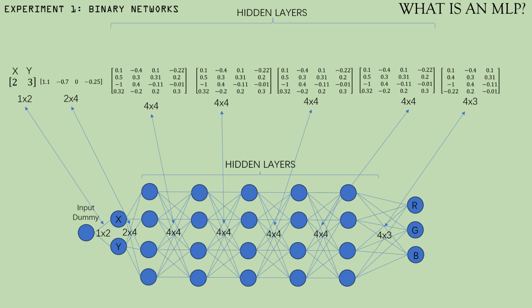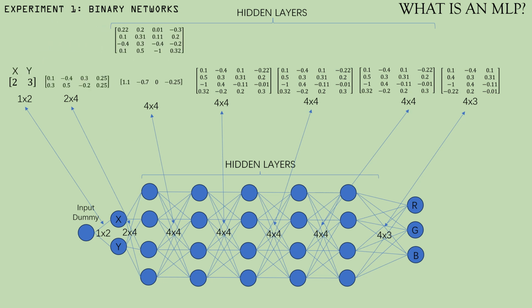Now we got a 1 by 4 matrix. This represents the value for each neuron in the first layer, because there's 4 and there's 1 row. Now we will continue to multiply the next layer with the neuron values.